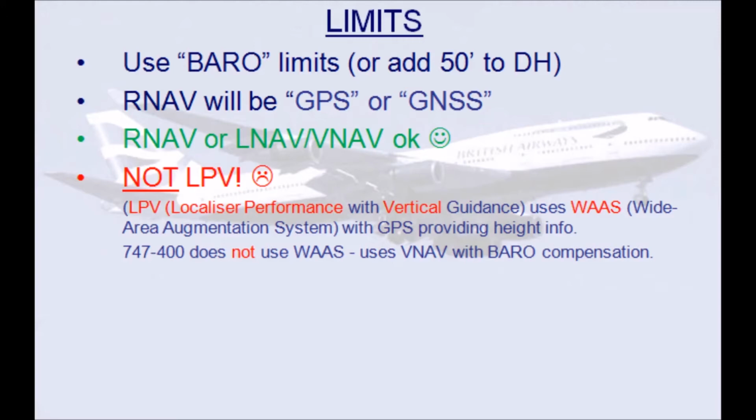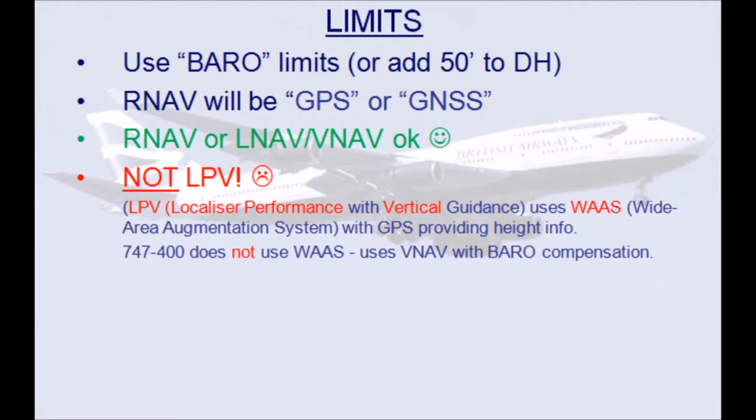And the approaches which are okay using VNAV are, for an RNAV approach, would be RNAV, or alternatively you can use LNAV VNAV, no problem there. What you can't use is LPV. That's a 747 incompatible procedure, basically because we haven't got a thing called WAAS, W-A-A-S, which is an augmentation system for the GPS, providing more height accuracy and also GPS accuracy.